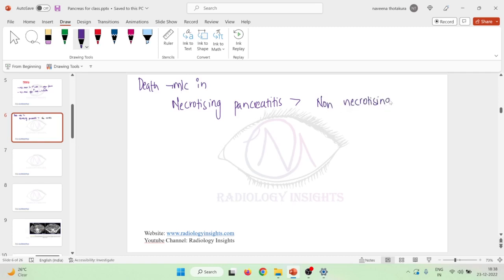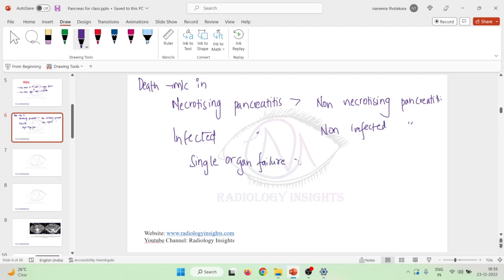Obviously, the infection is more severe in necrotizing pancreatitis than in non-necrotic pancreatitis. It is also more common in infected pancreatitis than non-infected pancreatitis. Surprisingly, death is also more common in patients with single organ failure than with multi organ failure.